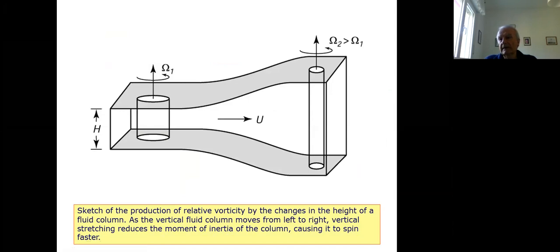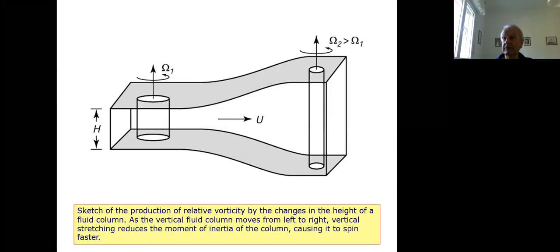We said before that there should be an external force which makes this water column change its height. Otherwise, the water column will not go from here to here without any external force. You cannot force the water column going from here to there unless you apply some external force.